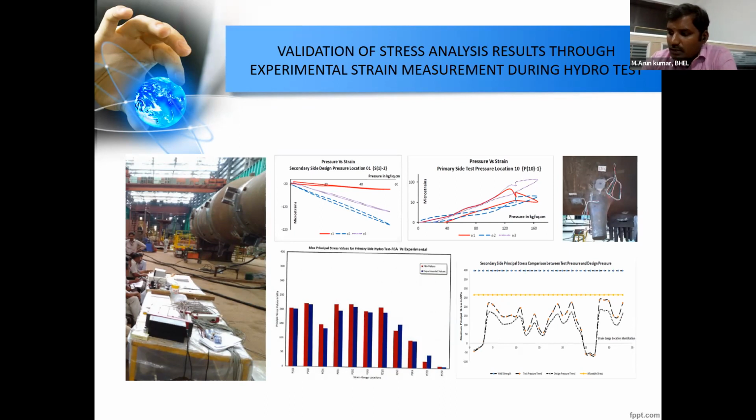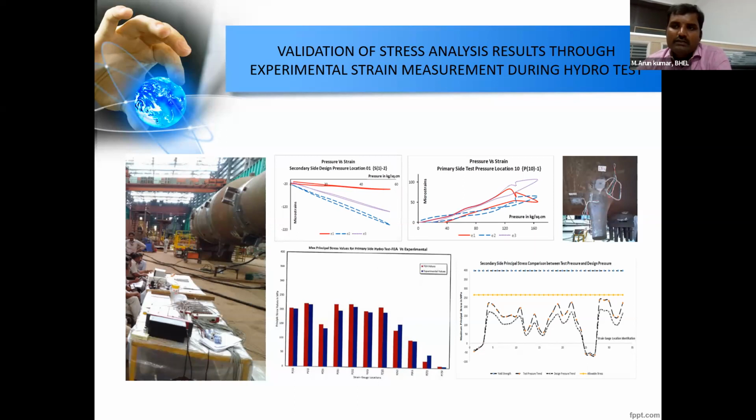So in case of tube sheet, we have to do a huge number of iterations for arriving at an optimum thickness. Initially in ANSYS, that control Z concept was not there. So again and again we had to do modeling, check the results, then remodel.